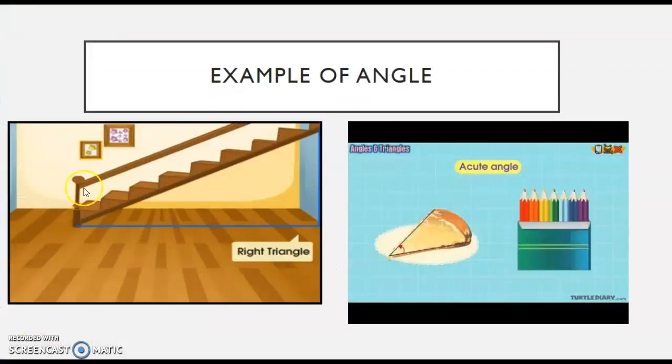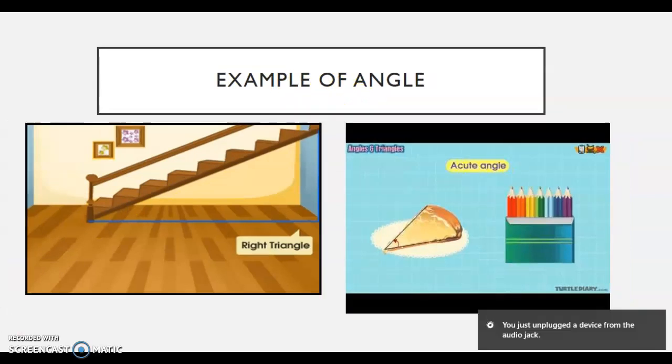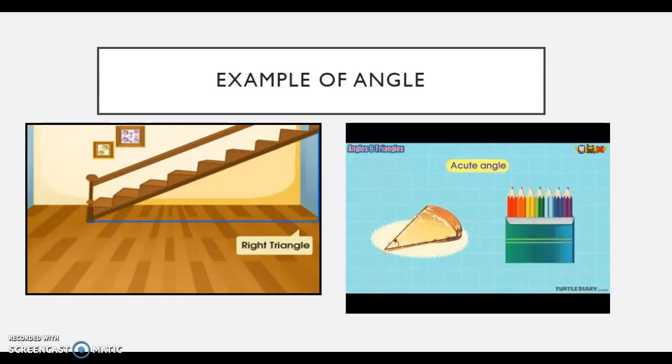Here you can see some other examples of angles. See the first part carefully. See this first example. There are some stairs, and when you come down, you can see beside the stairs there is an angle, because this is one line of the stairs and the second line of the floor, and this is the meeting point.